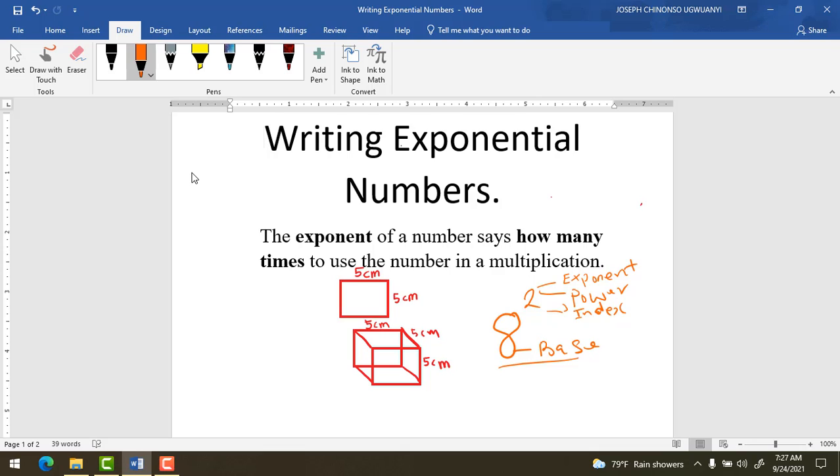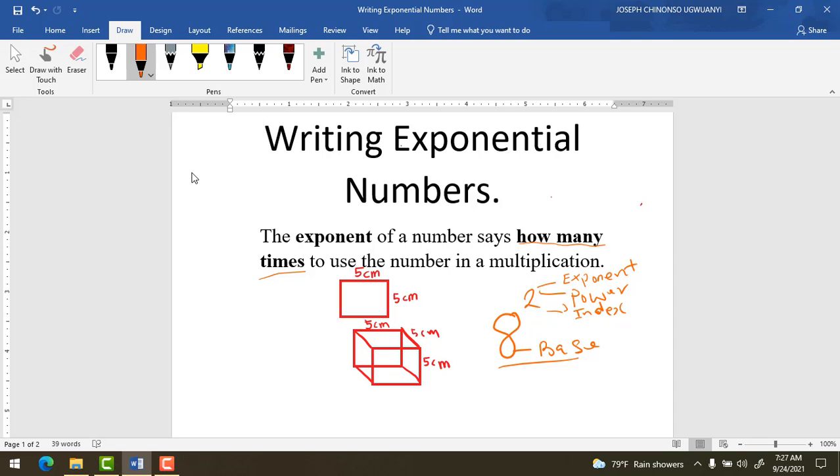We say that the exponent of a number says how many times to use that number in a multiplication. How many times do you have to use that number in a multiplication? That is the meaning of the exponent.